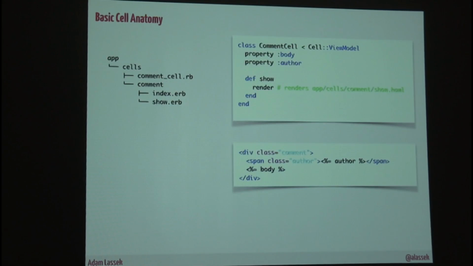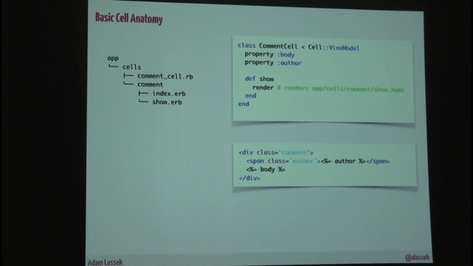So the basic breakdown of what a cell looks like is you have an app/cells directory, and you have a Ruby file that is essentially your view model object. This is following the view model pattern that you may have seen in other frameworks. It's fairly common and fairly old.